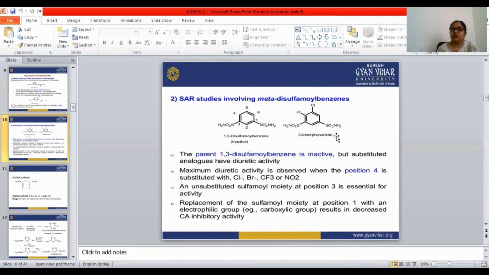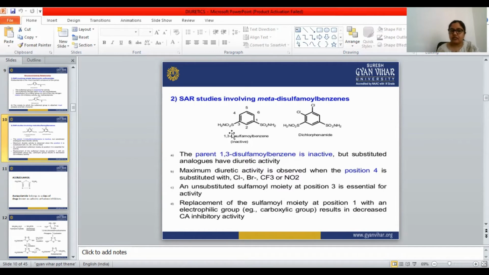So this drug's name is dichlorphenamide, and the parent drug is inactive. If we introduce a chloride, bromide, CF3, or NO2 group at the 4th position, that shows the maximum diuretic activity.